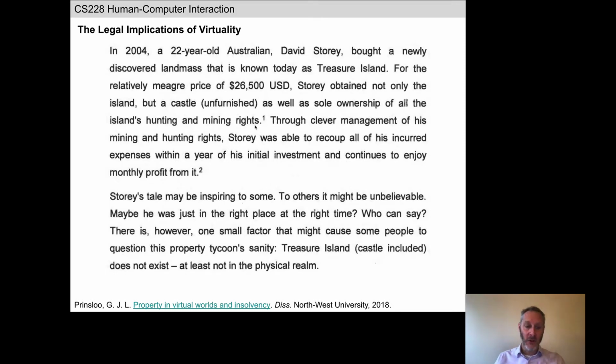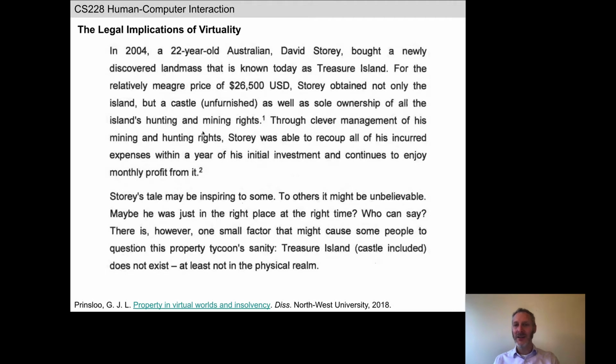So Prinsloo here starts by describing some notable successes. So David Story here, way back in 2004, already invested $26,000 US in a virtual property in an unnamed computer game. Had sole ownership of all the island's hunting and mining rights.